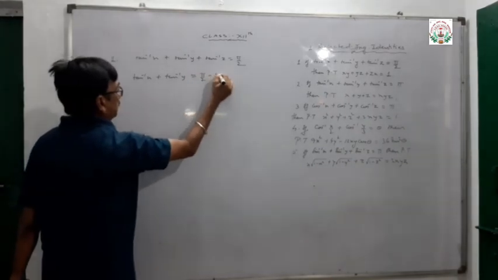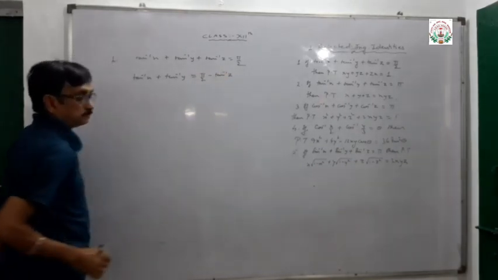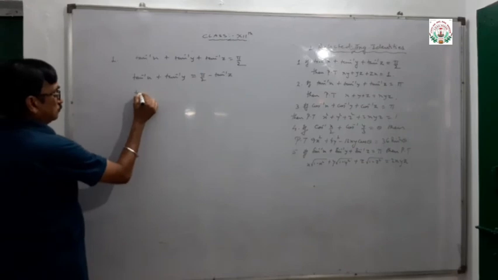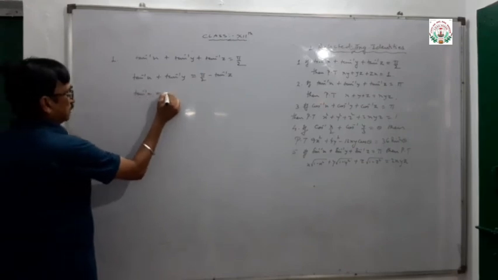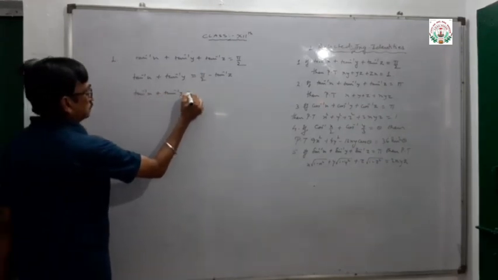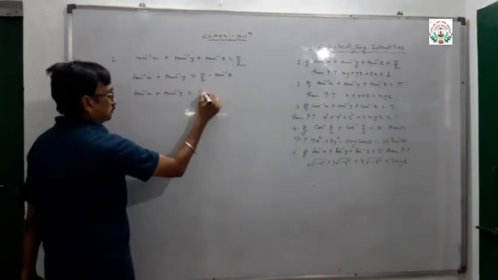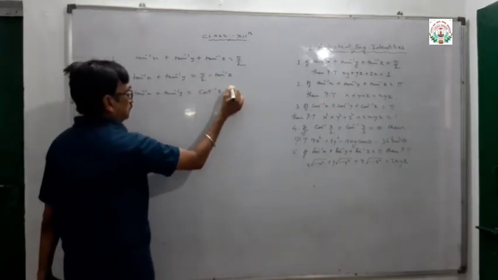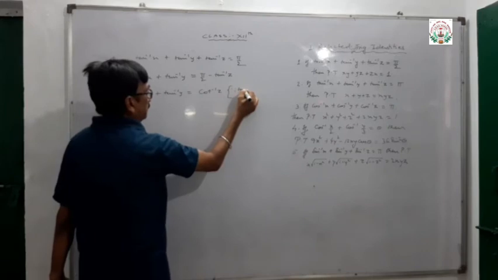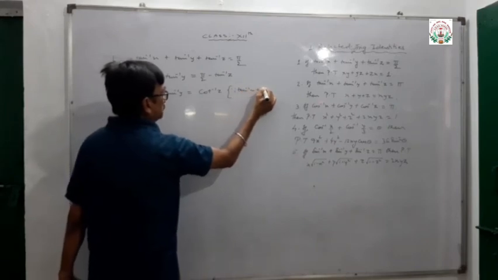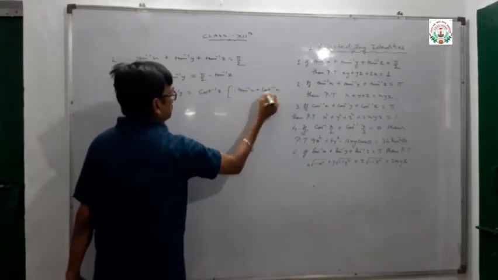So tan inverse of x plus tan inverse of y equals pi by 2 minus tan inverse of z, which is cot inverse of z.